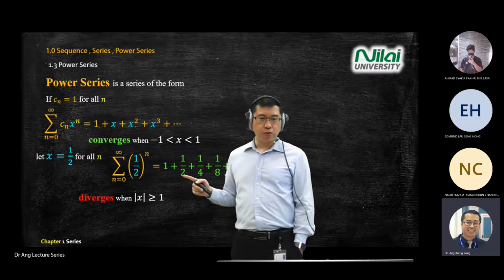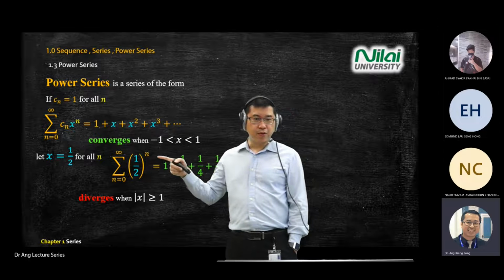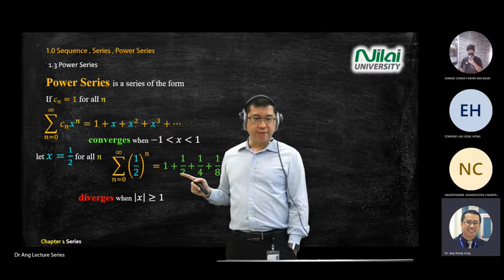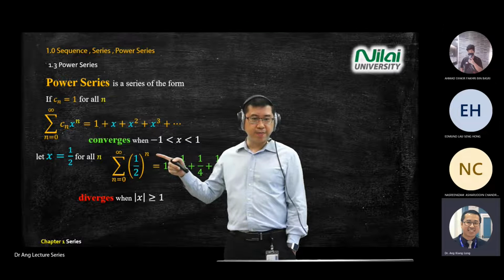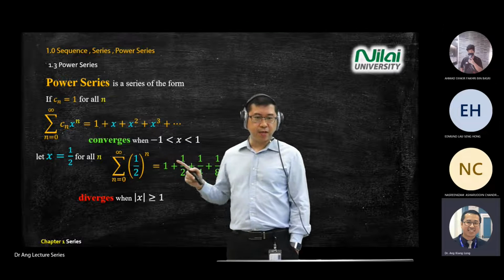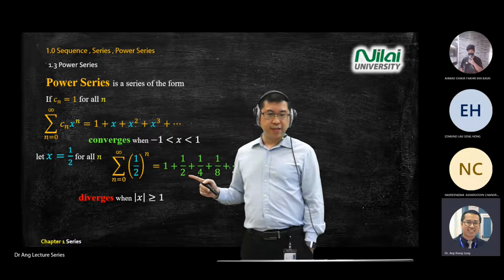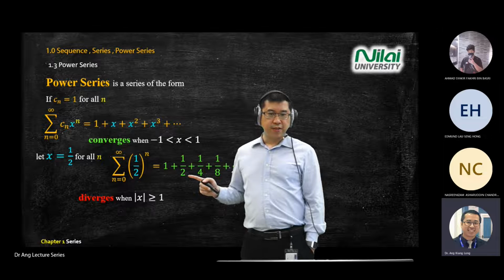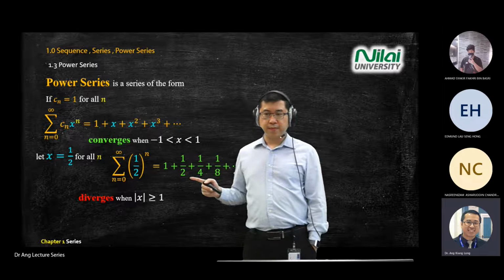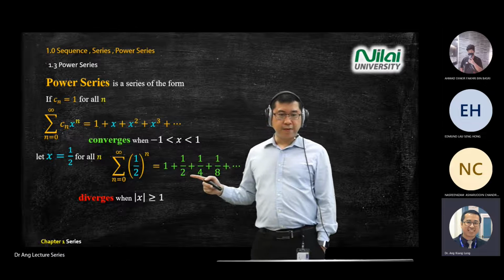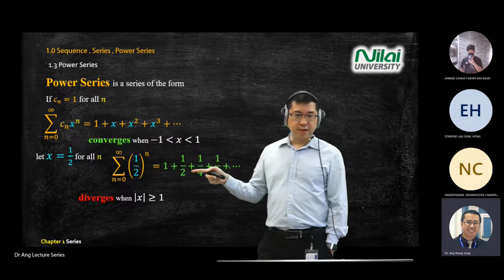How you get 2 when your n equal to Shakir? How you get half in the second number? What is your n number? N equal what to get half? Shakir? Shakir first time. Shakir second time.